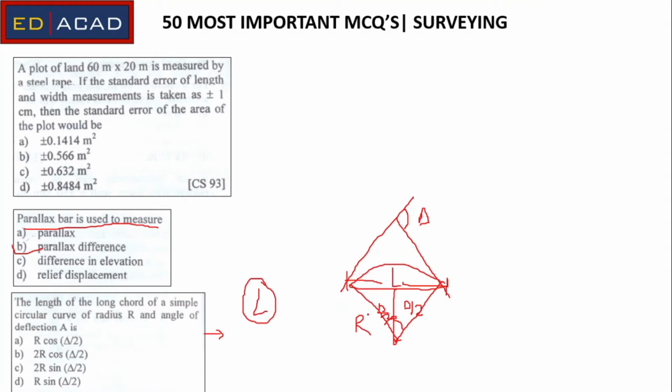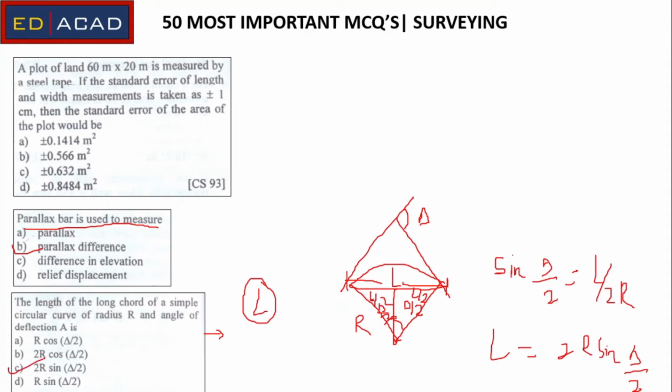When you apply the sine formula here, sine delta by 2 will come out to be L by 2 upon hypotenuse, so this will be R. So L will come out to be 2R sine delta upon 2, right? So C would be the right option.